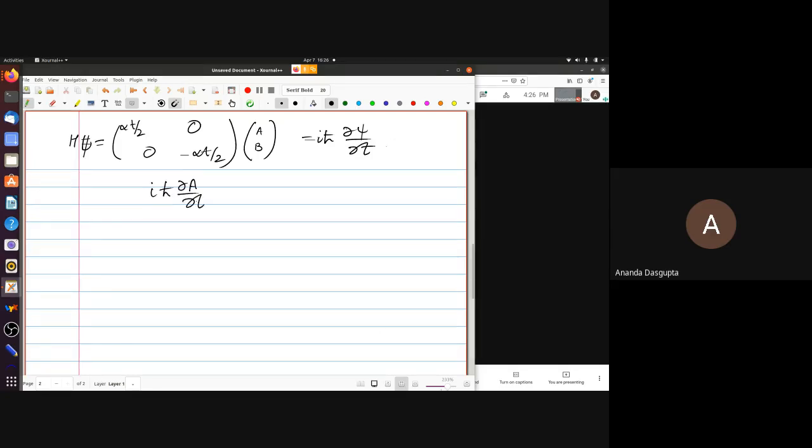iħ ∂A/∂t is αt/2 A, and iħ ∂B/∂t is minus αt/2 B. And this gave us an immediate solution for A and B. So A(t) essentially became A(t0) times e to the minus i/ħ α, actually not t squared by 4, this is actually (t minus t0) whole squared by 4.